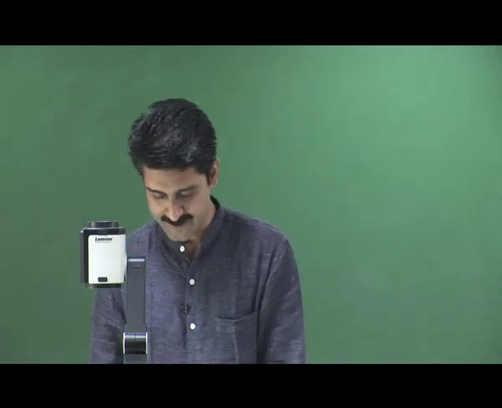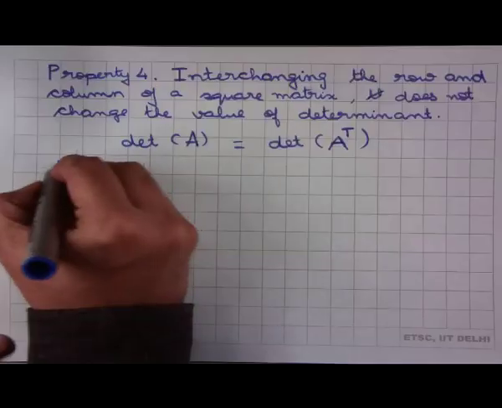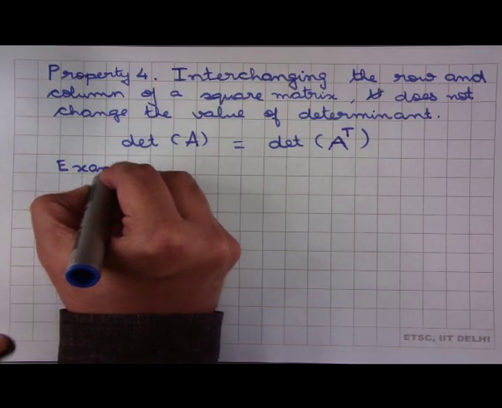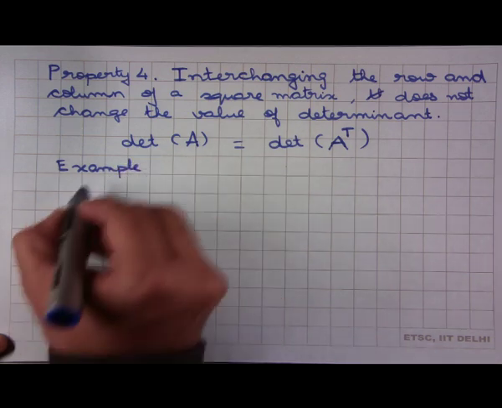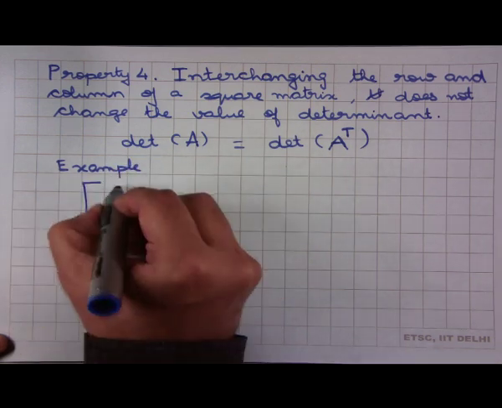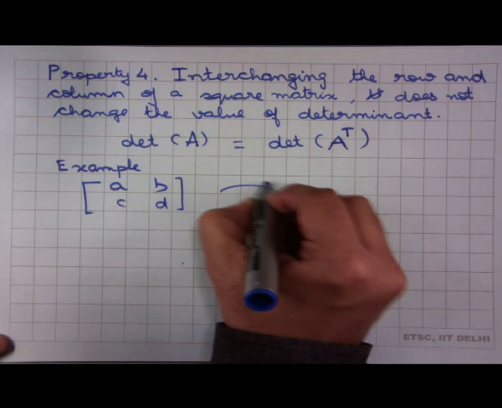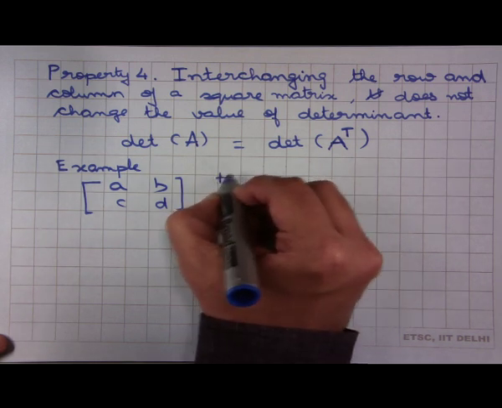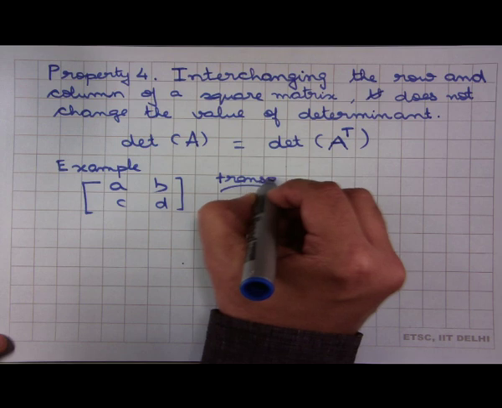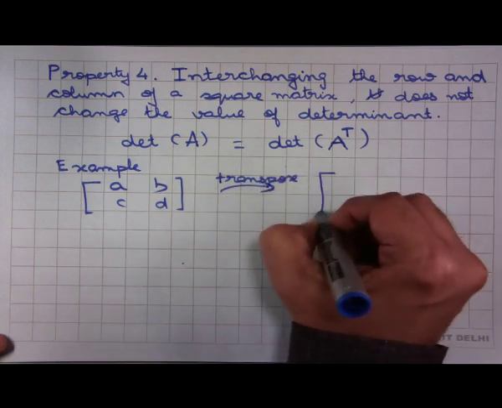For a 2 by 2 matrix we can also calculate and see this happens. So, let us look at that. If you look at a 2 by 2 matrix, you have a matrix A, B, C, D. What is its transpose? We obtain it by interchanging the rows and the columns.